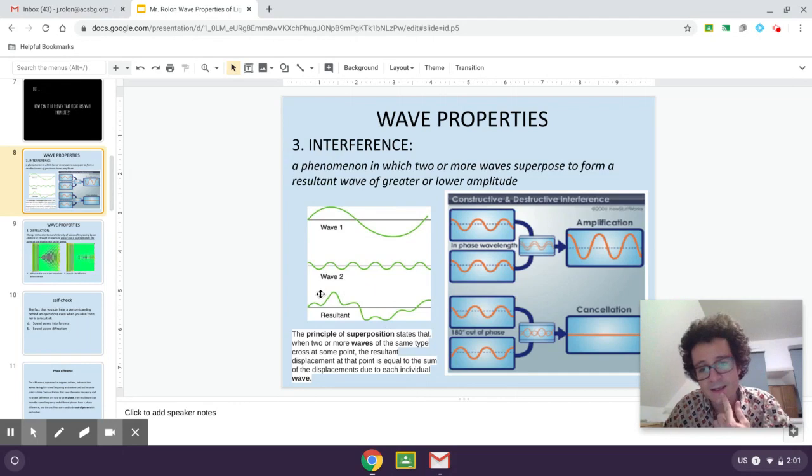And we can have two kinds of interference: constructive and destructive. Constructive is when the two waves that overlap are basically in the same position, the crest and the crest are in the same position, so they're gonna sum each other. Then it's gonna increase to double.